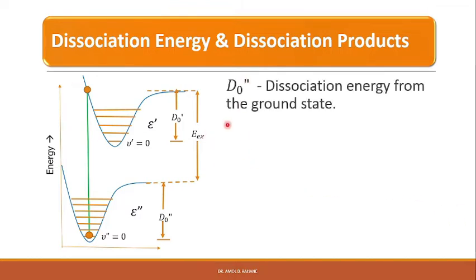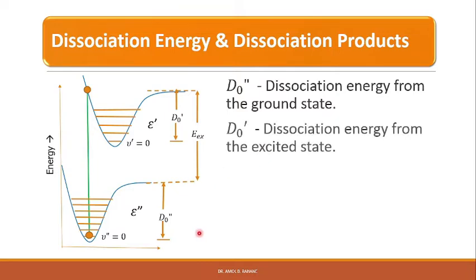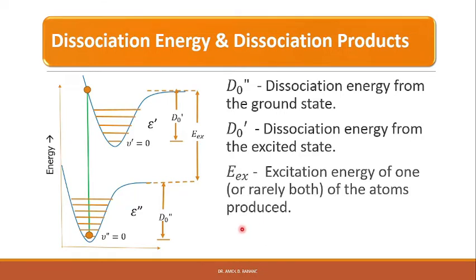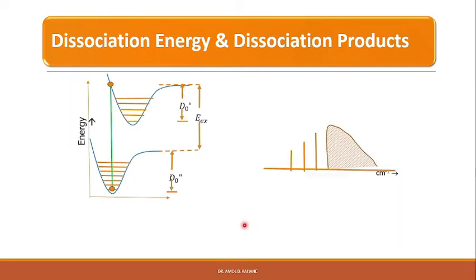So D0 double prime is the dissociation energy from the ground state, D0 prime is the dissociation energy from the excited state, and E excitation is the excitation energy of one or rarely both of the atoms produced on dissociation. We have seen in the previous lectures that the spectrum of this system consists of some vibrational transitions, that means quantized, followed by a continuum, that means non-quantized transitions representing dissociation, right?